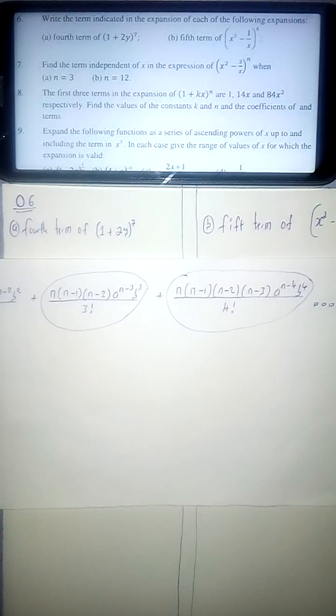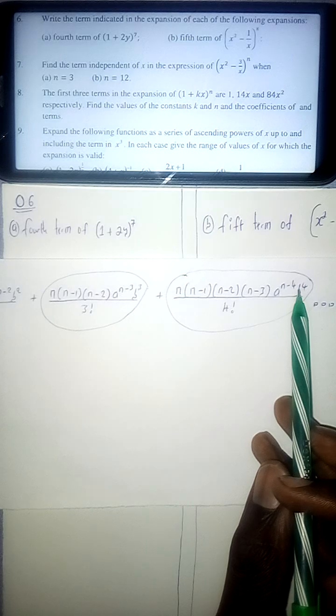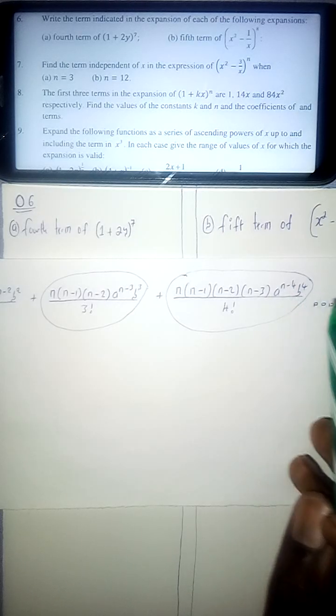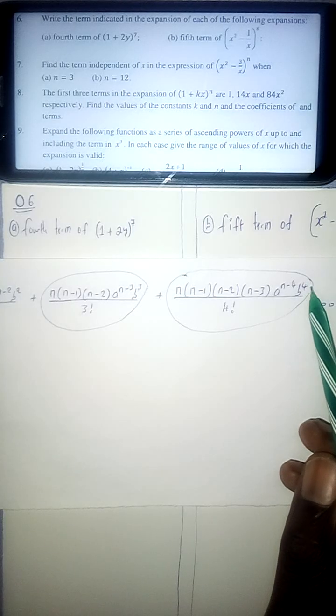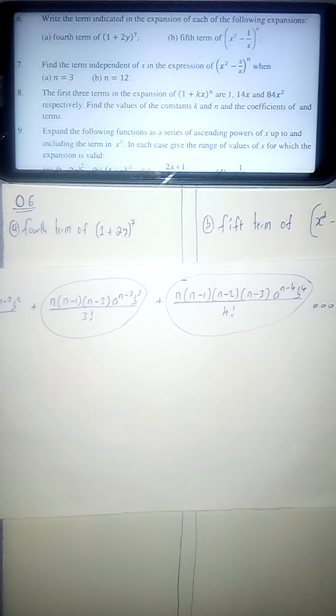So when you see something that has a power of 4 and they ask what term that is, you simply add 1 to the power. If you have 4 here, then that is term number 5. I think that is clear.